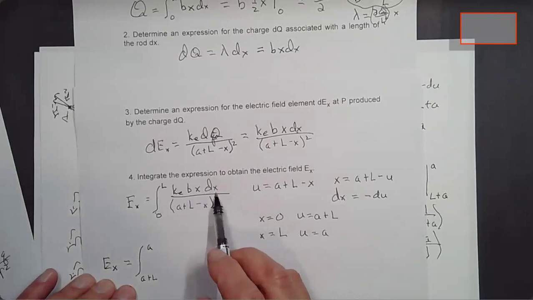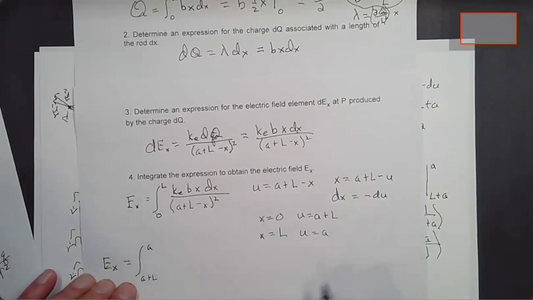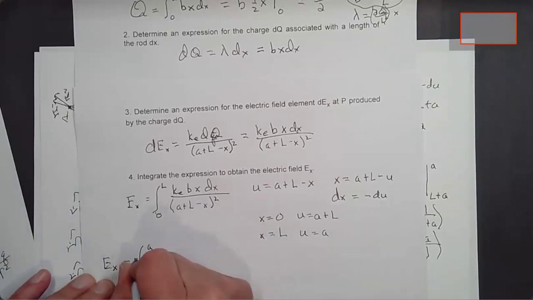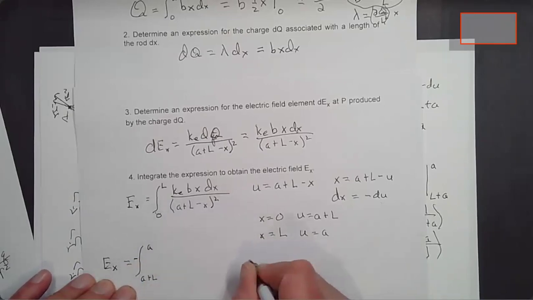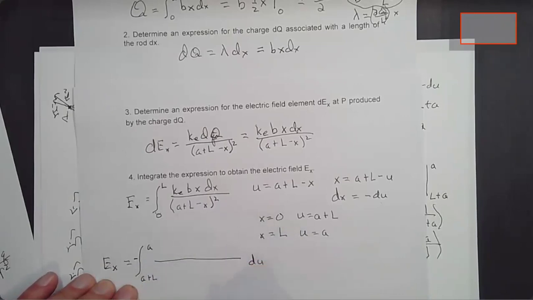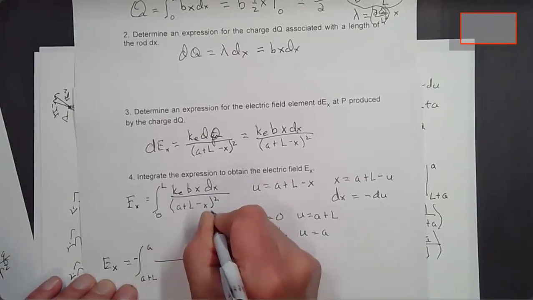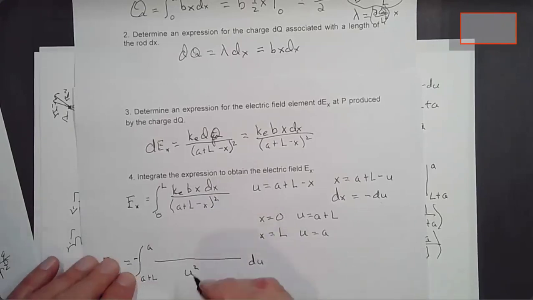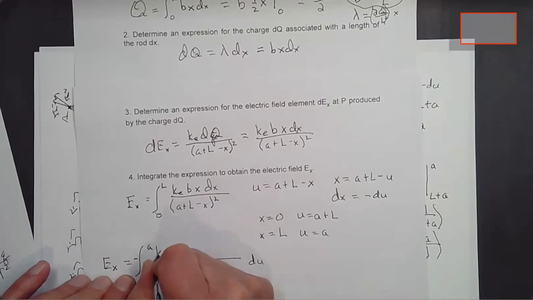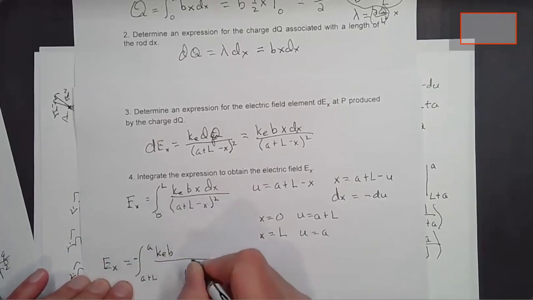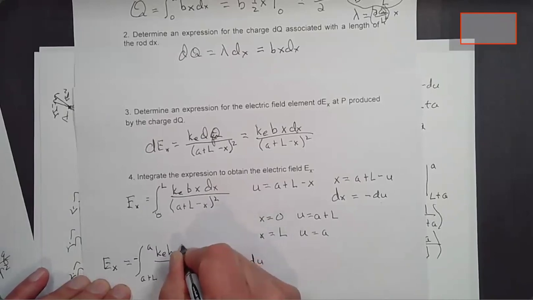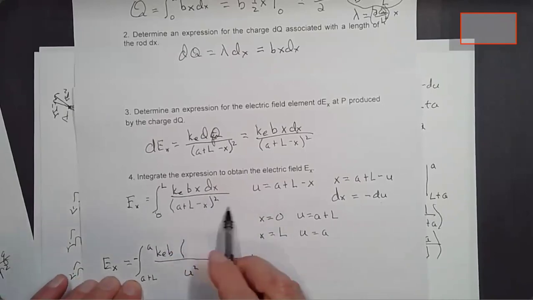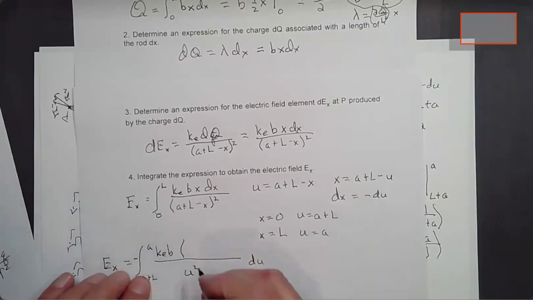Because dx is equal to minus du, I'm going to put a minus sign in front of this thing and have a du at the tail end of it. I'll have that, and this is u squared on the bottom. But let's see, I'll have k sub e b, which I can pull outside the integral because it's a constant. And x was equal to a plus L minus u.